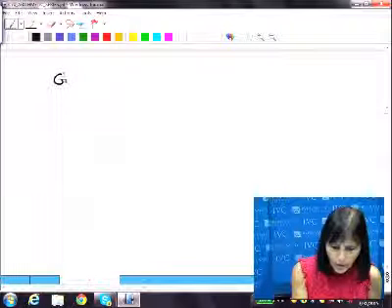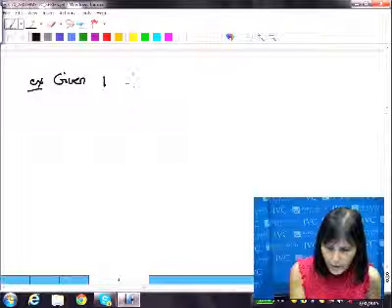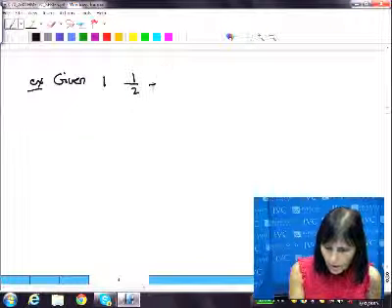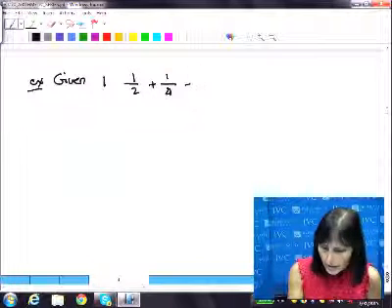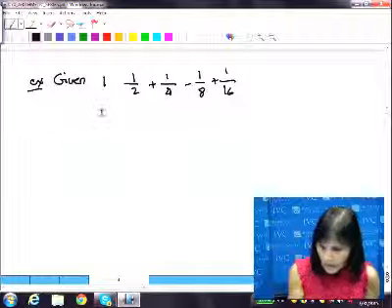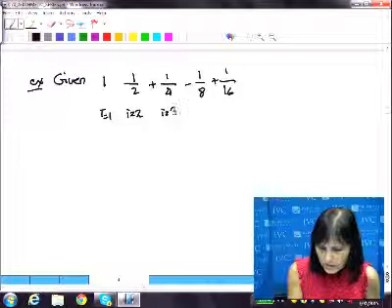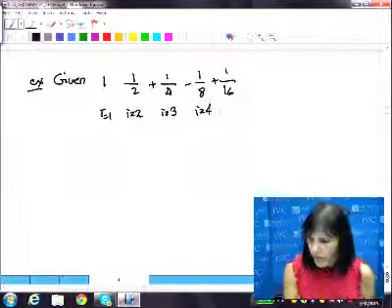Here's another example. 1, -1/2, plus 1/4, negative 1/8, plus 1/16, and you can see, okay, this is 1, this is 2, this is 3, this is 4, and so forth.